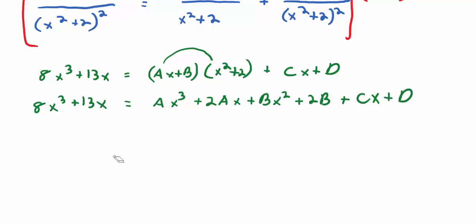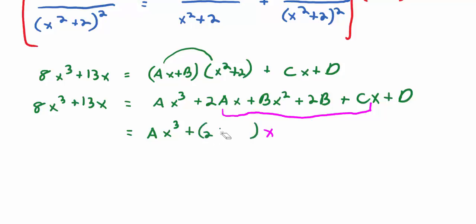All right, do we have any like terms with the x cubed? No. What about x? Can we try it all at once, factoring out the x? So plus 2ax plus cx, if you factor out that x, what's left? 2a plus c? Okay.